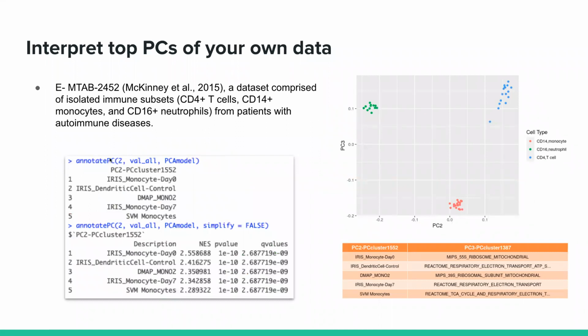And then once you have identified a principal component of interest in your data set, so this is PC2 from our data set, it's allowing us to annotate this based on the components that it has matched to in the data set.